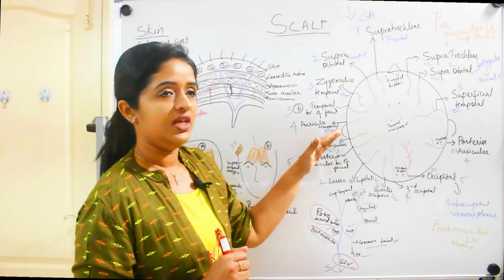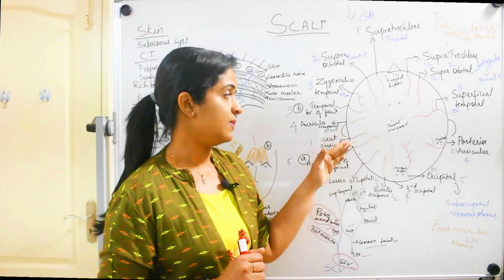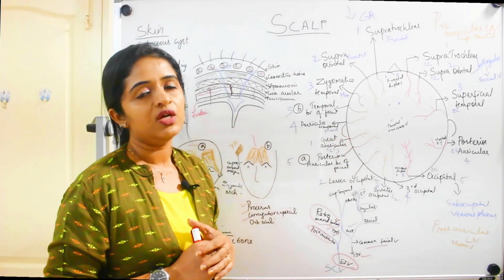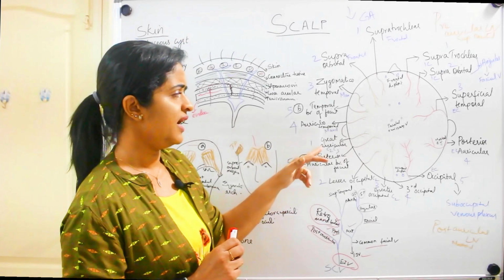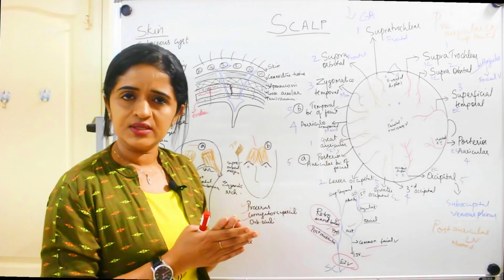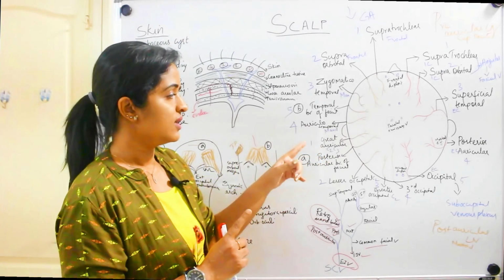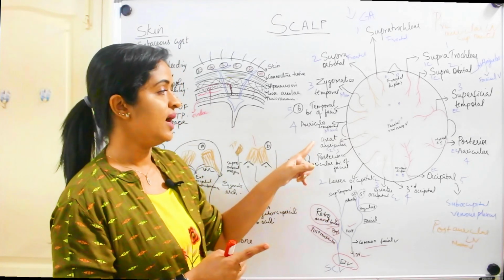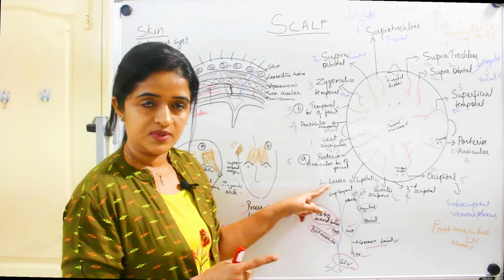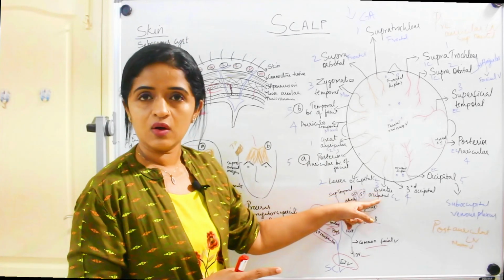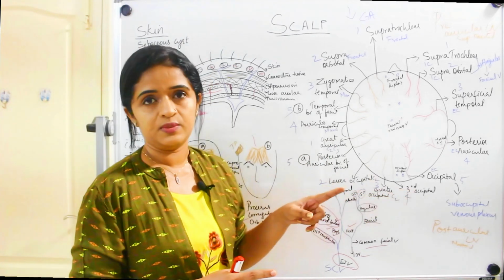Now, coming to the nerves which are supplying behind the auricle. Behind the auricle you have 4 sensory and 1 motor again. Coming to the sensory part first, you have the great auricular, then the lesser occipital, then the greater occipital, and the third occipital.